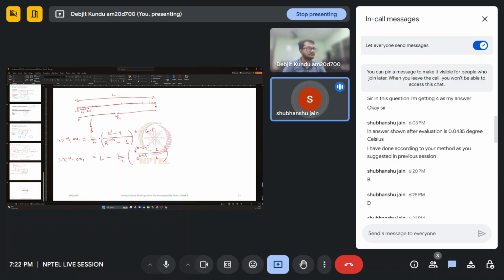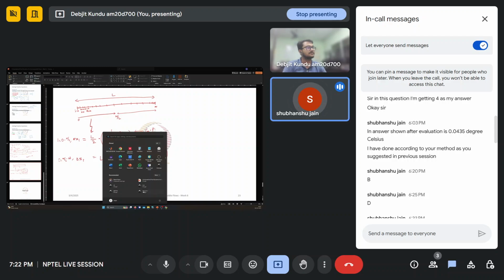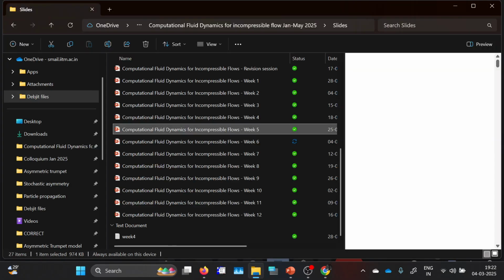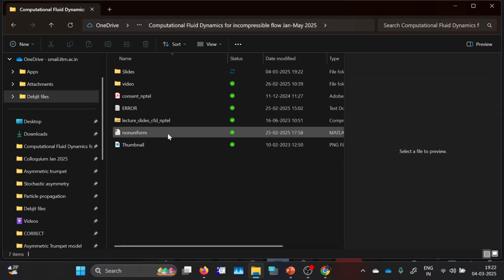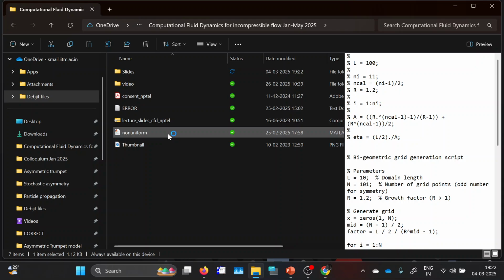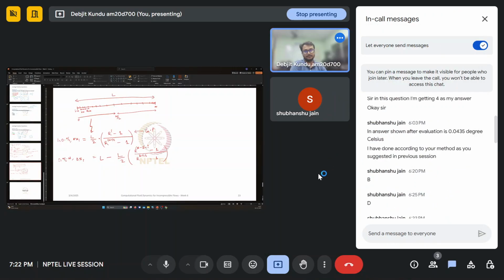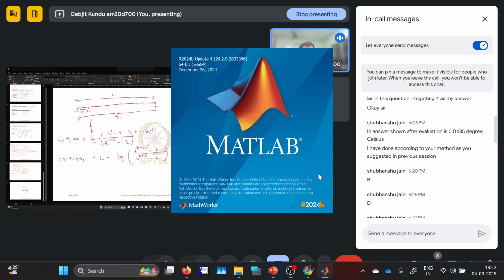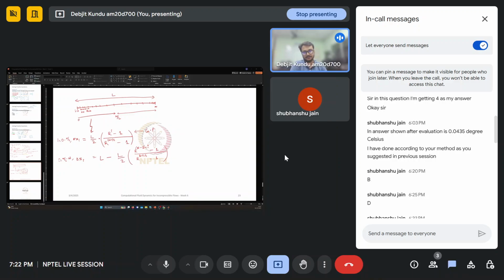Sir, why are we using this method? The reason is so that we can get finer points near the walls. Because of boundary layer formation, there are sharp gradients which form near the wall, whereas towards the center of the domain there is not much action going on and there aren't really many gradients.